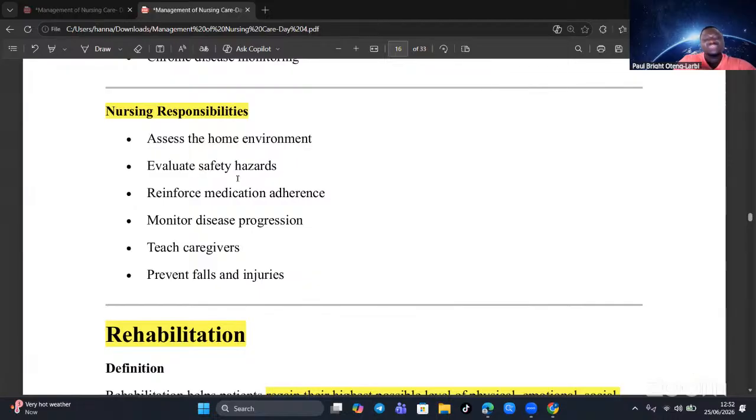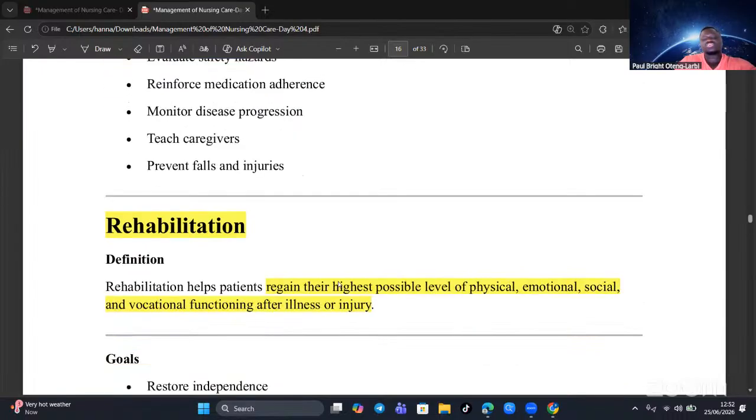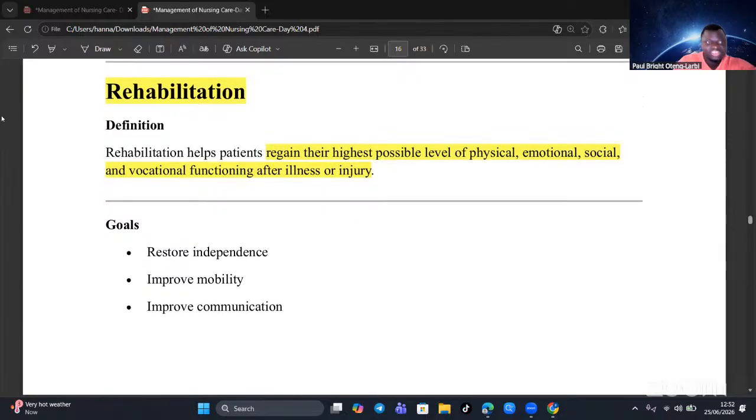So we evaluate safety hazards, reinforce medication adherence, monitor disease progression, teach caregivers, and prevent falls and injuries. Okay, yes. Let's come back to Tichubu, the case manager. There is a patient who has come to the hospital who needs rehab.